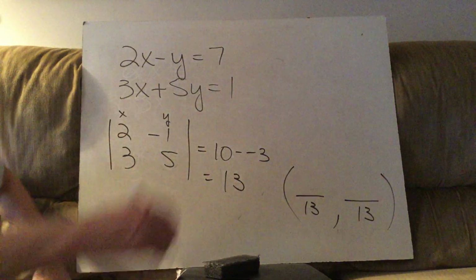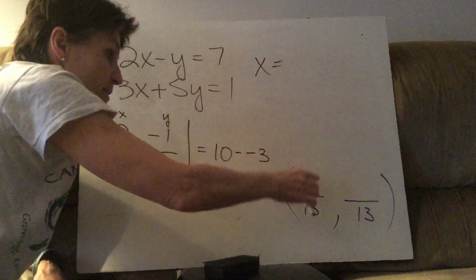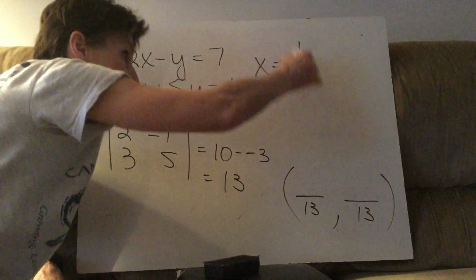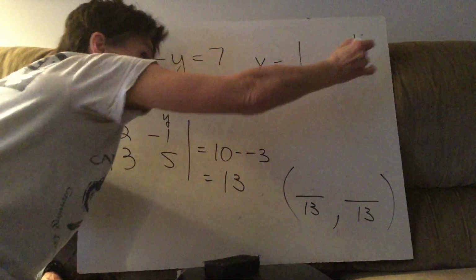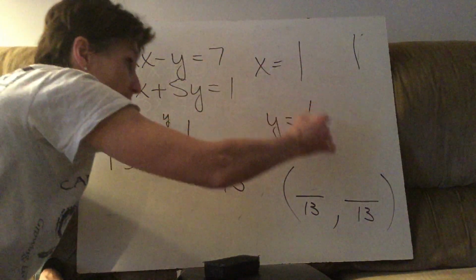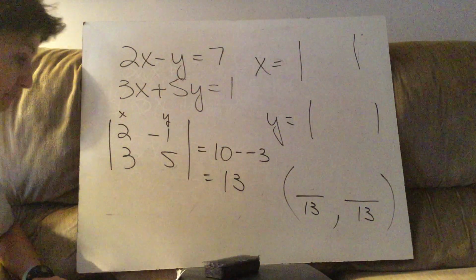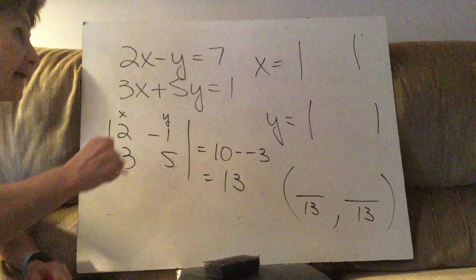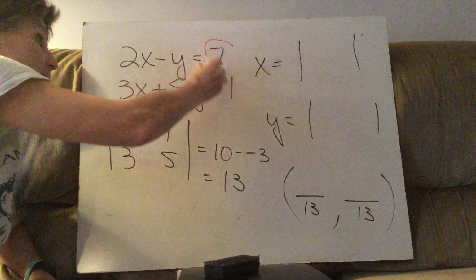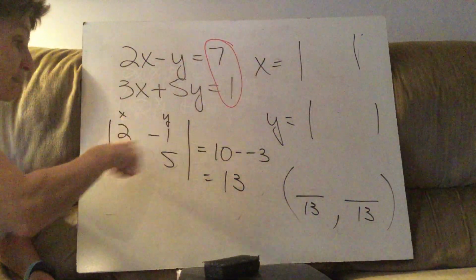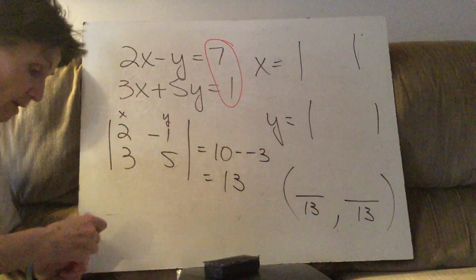Okay, now we got to find the x numerator, this guy right here, the x numerator. So it's another determinant, and so is the y numerator. And to find them, we replace some of these numbers with the 7 and the 1.